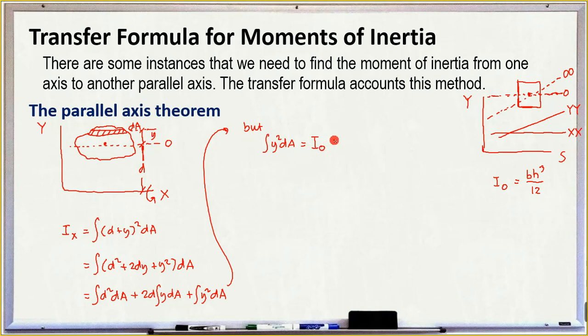Now, what else? The integral of d squared dA: our d here is a constant, so it simplifies into just d squared, and the integral of dA is simply the area.